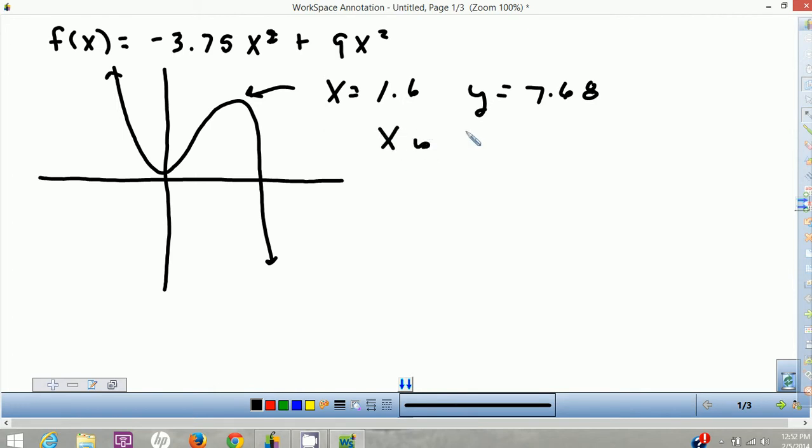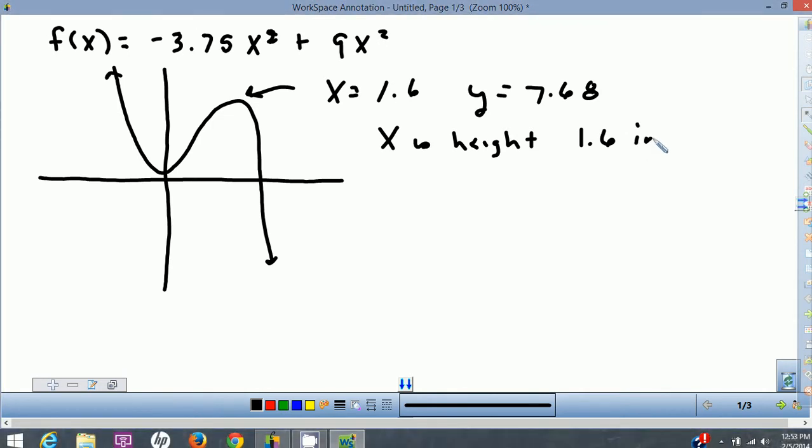So if x is height, the place where I have a maximum volume, the height of this box, is 1.6 inches. Well, we also said that our length was 1.5 times our height. So it's 1.5 times 1.6. The length of this box is 2.4 inches.